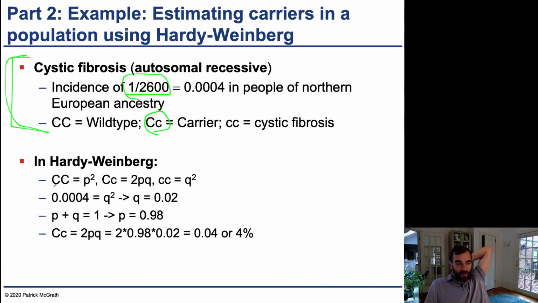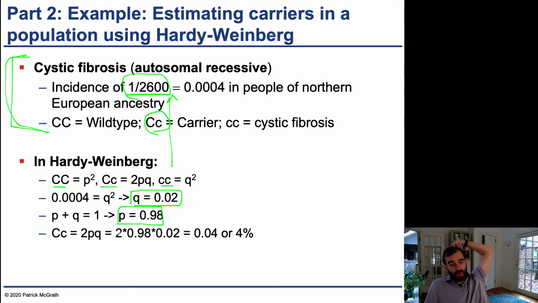And so the genotype frequencies are just given by these three numbers. I've told you that CC, the number of individuals that have the disease, is 1 out of 2,600. That means that q squared is equal to 1 over 2,600. Now we can solve for q, and then we can solve for p by knowing that p plus q is equal to 1.